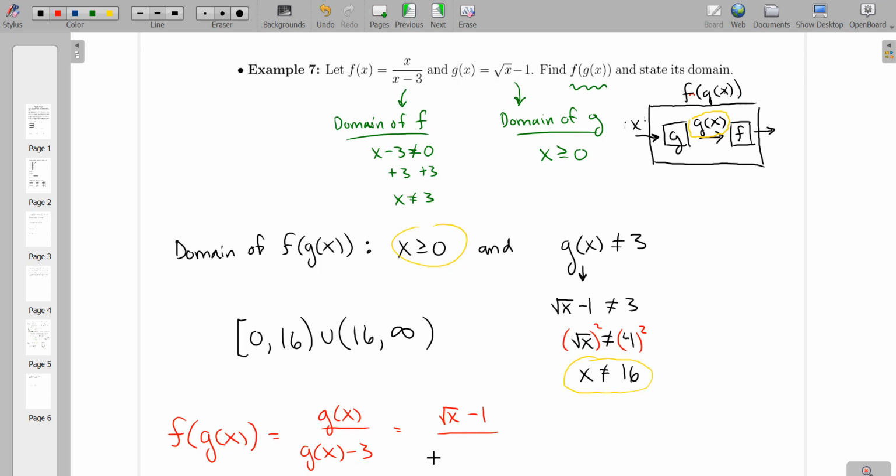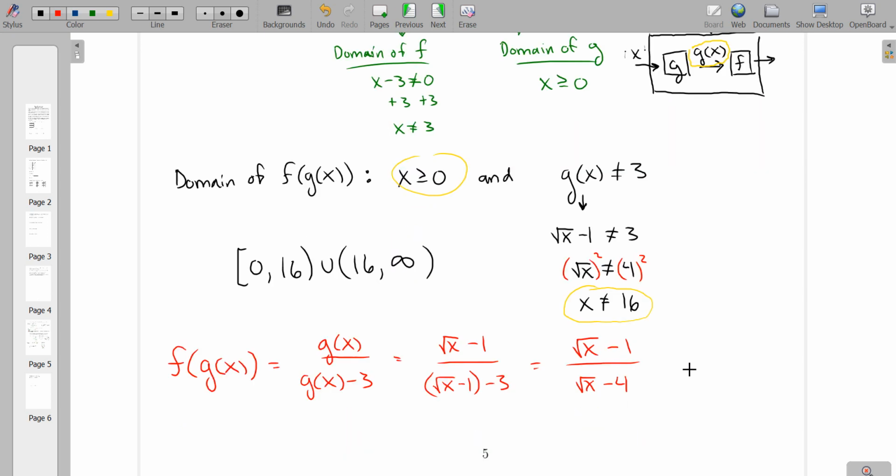And then on the bottom here, square root of x minus 1 minus 3. So my simplified f of g of x is the square root of x minus 1 divided by the square root of x minus 4. So there's our simplified function along with the domain of that function.